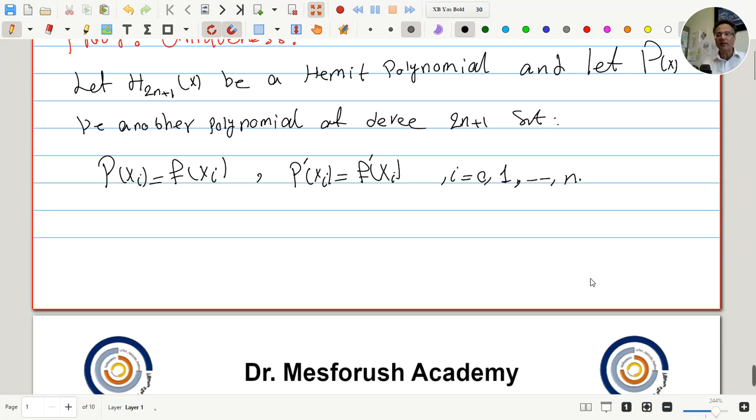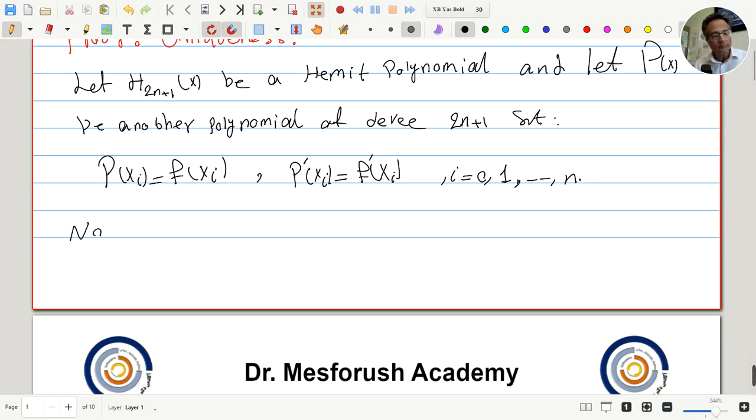Okay, so in fact I supposed that there is another polynomial of degree 2n+1 that satisfies the Hermite interpolating conditions.